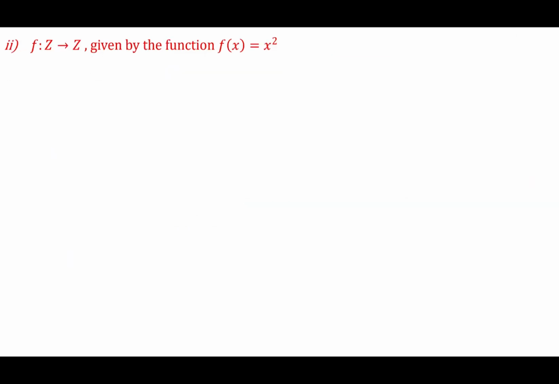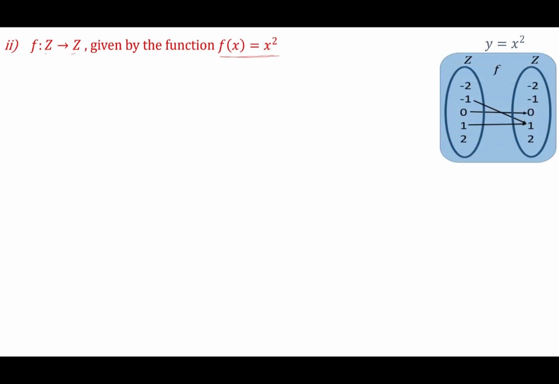Second part of question 2. If function f is from Z to Z, which means integers to integers, defined by the function f of x is equal to x squared. What are integers? All negative and positive numbers, including 0. I recommend drawing the figure first and then deciding whether the given function is 1-1 or onto.